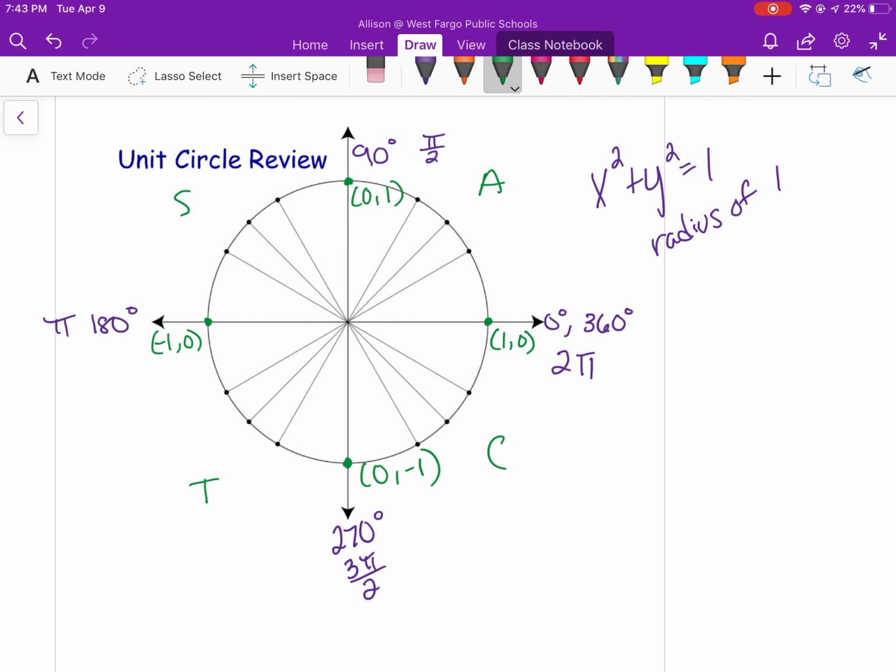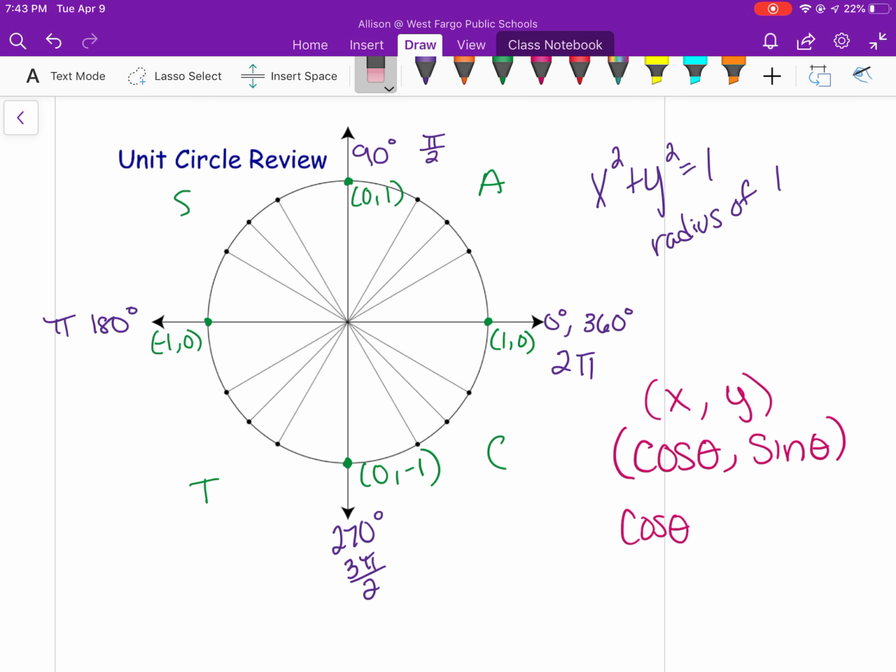Now those are the 4 coordinates I'm going to focus on. And those are actually trig values. The ordered pairs are cosine of theta and then sine of theta. So cosine corresponds with the x coordinate of the unit circle, and sine corresponds with the y coordinate. If I focus on those 4 coordinates, I could say the cosine of 0 radians or 0 degrees is 1, because the x value there is 1.